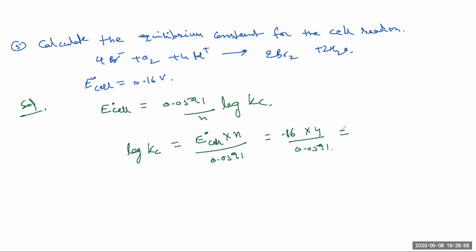That becomes 10.8. But we required Kc. Kc is equal to this log. Bring this side, it is anti-log. So now anti-log of that.